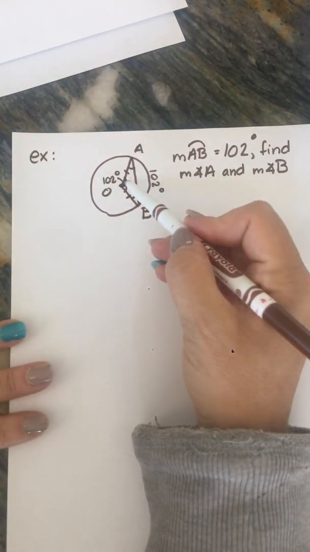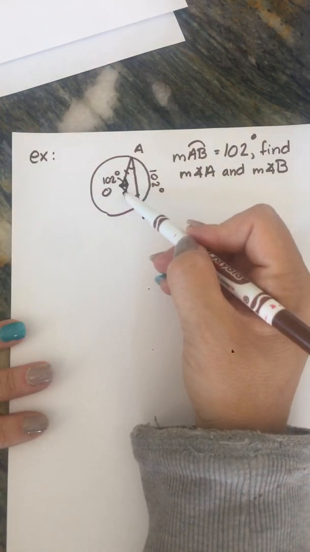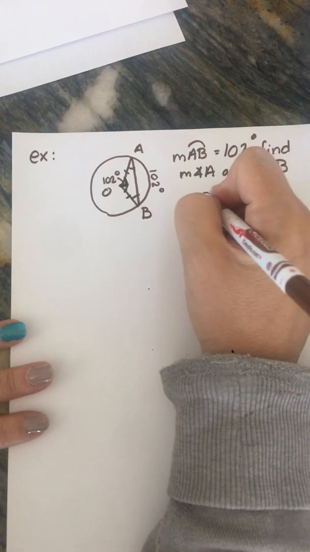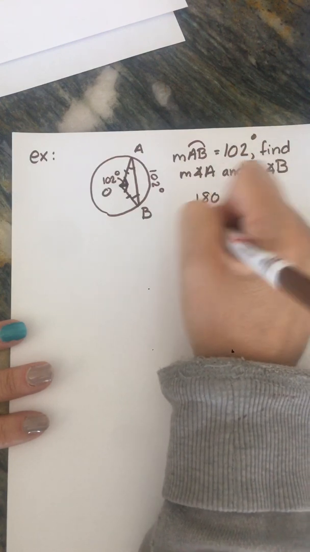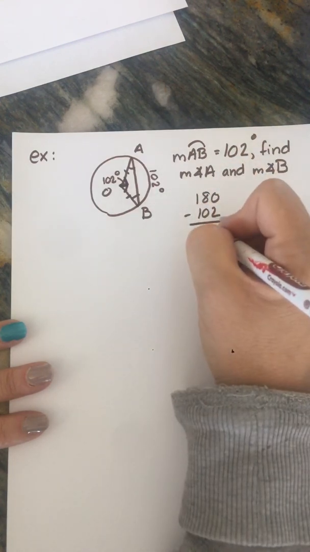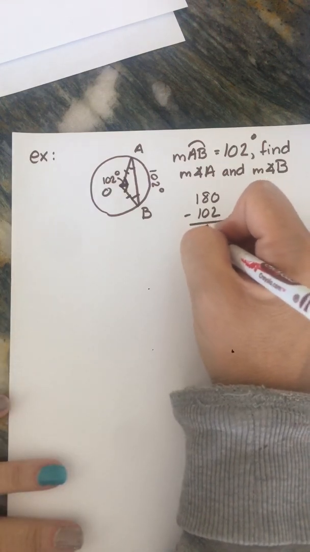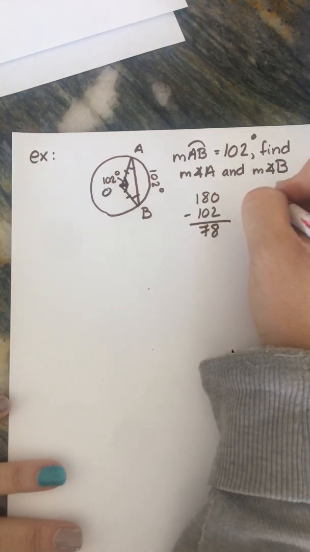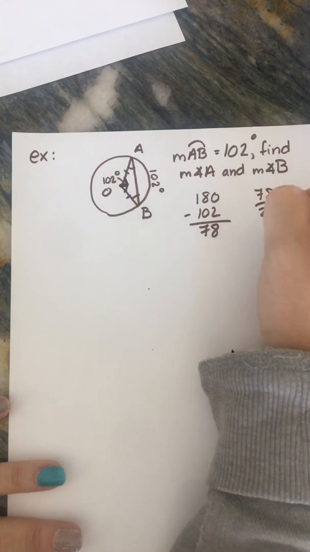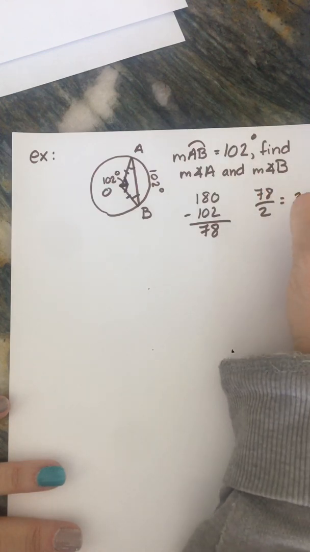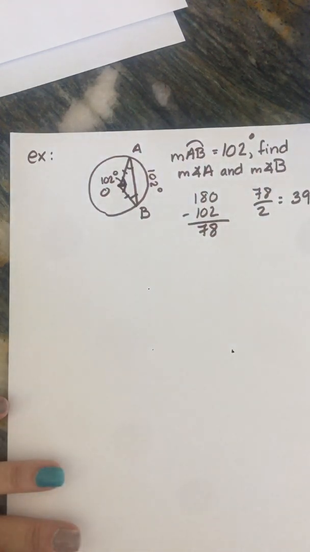If I have 102 degrees taken up by this angle, what's left over? Well, 180 minus 102 leaves us with 78. And then we have to divide it evenly. So each of the little angles gets 39 degrees.